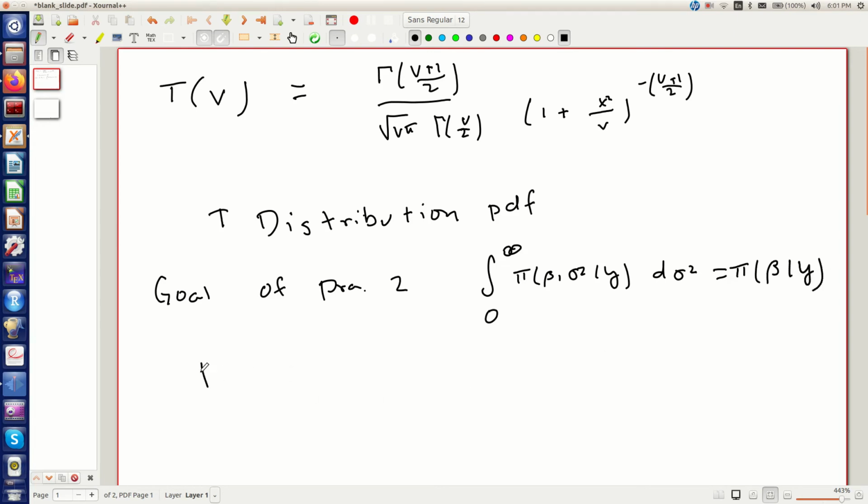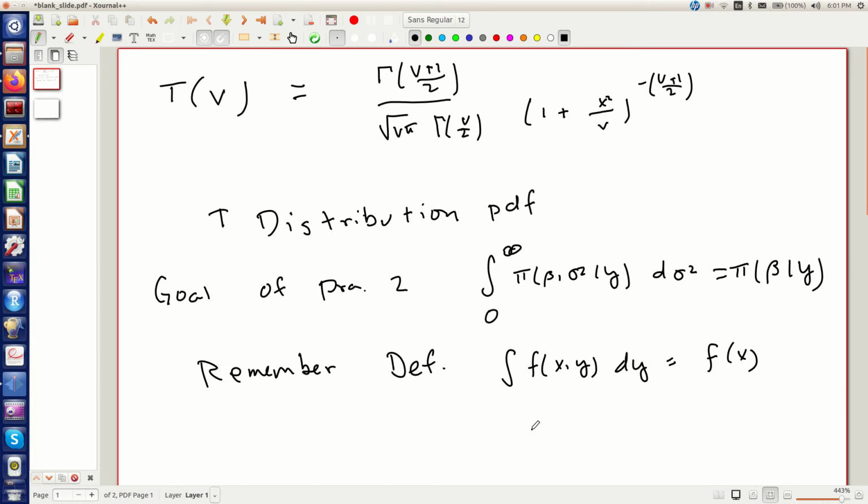Okay, so remember, the definition here of marginal is the equation for the marginal PDF of something.